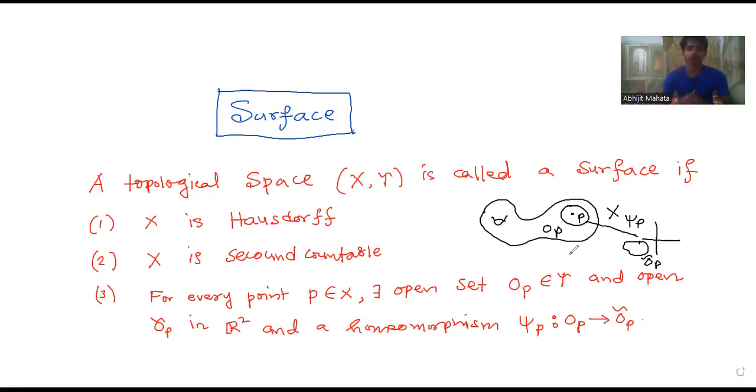Now, this is the definition of surface. Let me give you some examples. The first example that comes to mind is of course the plane. If you take any plane, then it is a surface. I'm taking, let's say, this type of plane, basically an open plane, it has no edge.